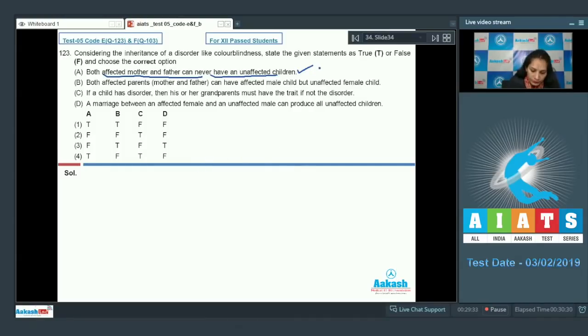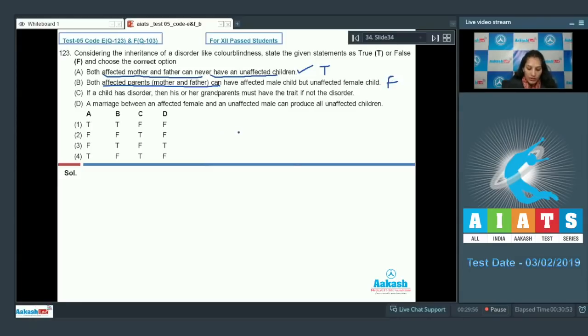So this is true. B. Both affected parents can have an affected male child but an unaffected female child. No, if both the parents are affected, they cannot have an unaffected child at all. So this is false.